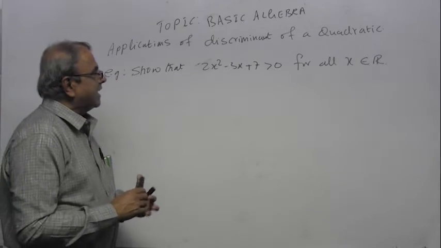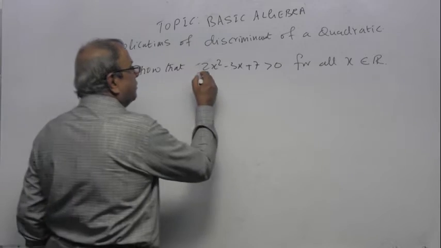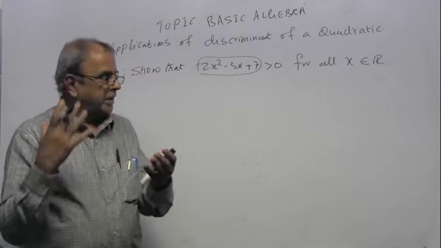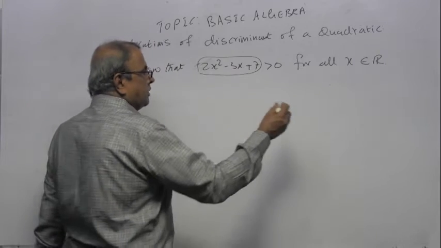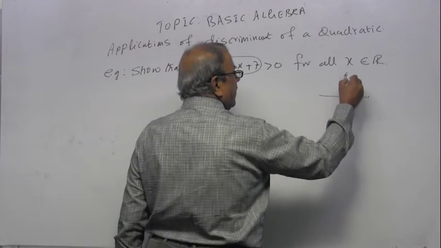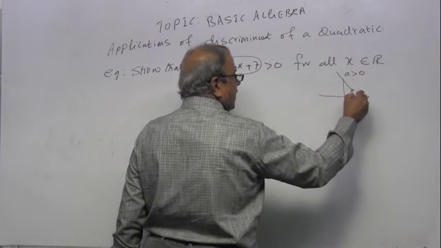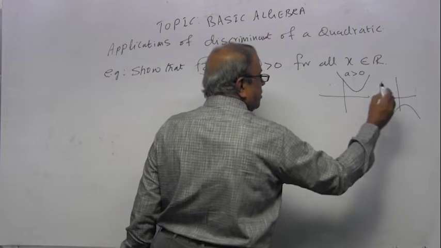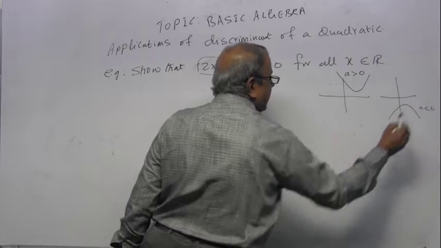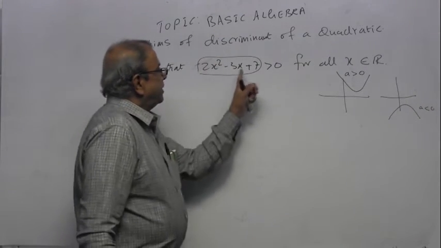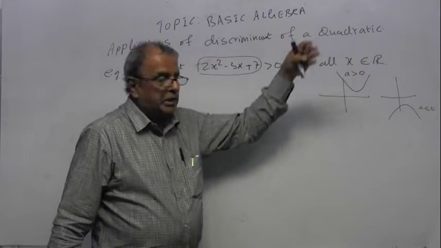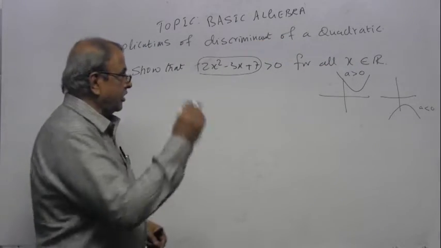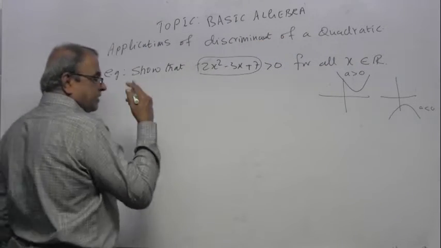Now we need to analyze. This is a quadratic function. I must show that it is always positive. Remember, the shape of a quadratic, if a is greater than 0, would be like this, and if a is less than 0, would be like this. Purposely I have drawn that diagram so that I can tell you why. Positive means whatever x might be, the graph is above the x-axis. So it's a U-shaped graph. This is your analysis.